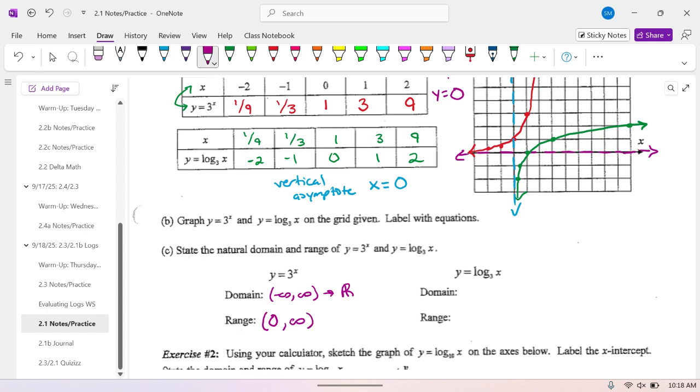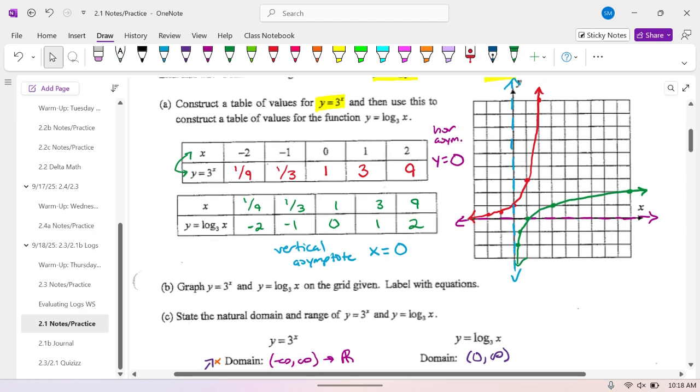Now, guess what? Domain is your x values, range is your y values. So, all you have to do for its inverse is flip them. So, without even having to look at our log graph, my domain is going to be from 0 to infinity, which is true because my lowest x values are at x equals 0, but it never crosses it.